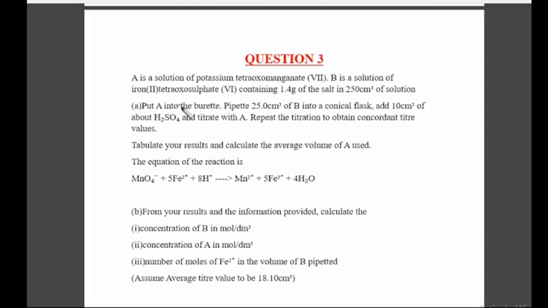Then we are asked to calculate the concentration of B in moles per dm cube, the concentration of A in moles per dm cube, then the number of moles of iron in the volume of B that has been pipetted. The average titre value that we are using for this reaction is 18.1.